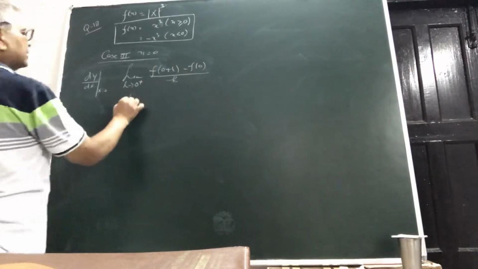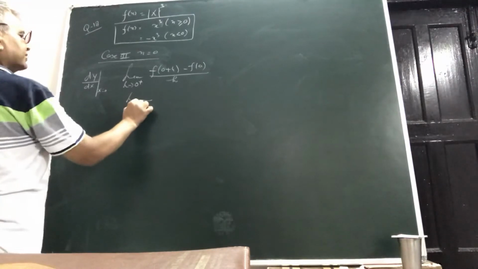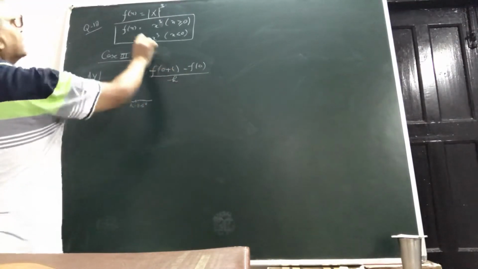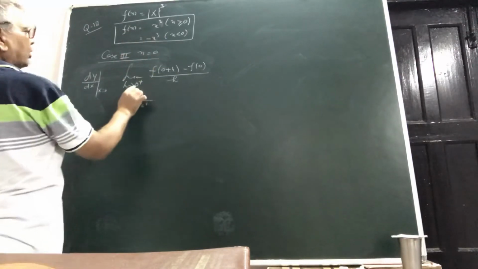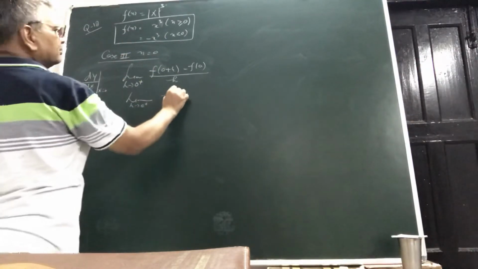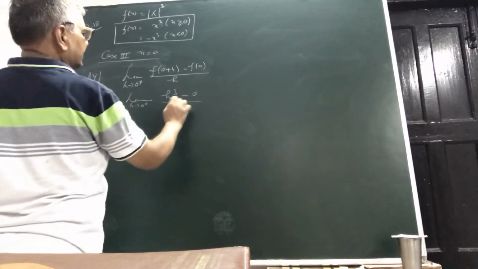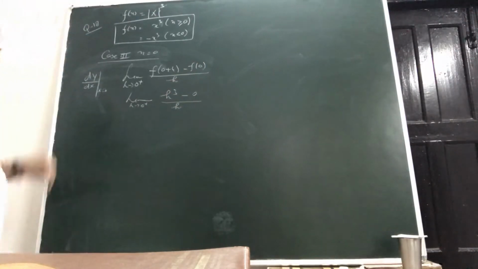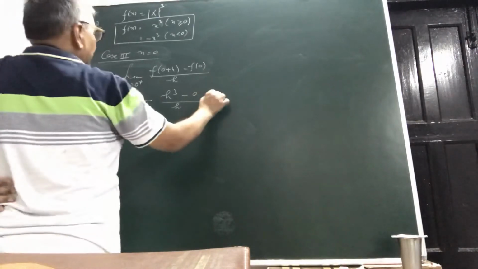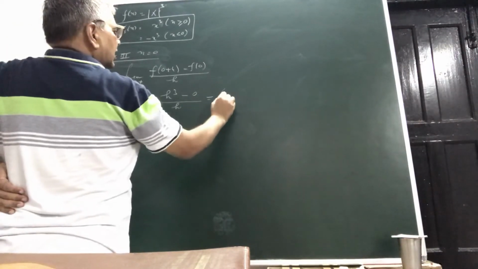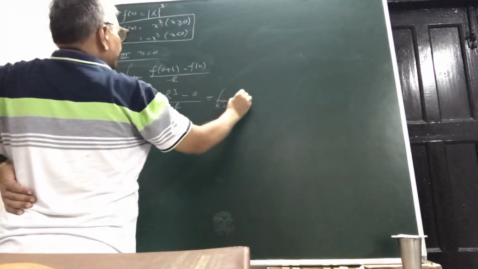So this is limit h tends to 0 plus of f(0 plus h). This is f(h), which will be on the right side. It will be h cube minus f(0), f(0) is 0, upon h. So this is basically the limit of h tending to 0 of h square.